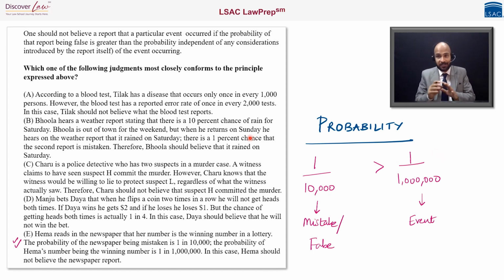If you don't understand this much maths, it's a little hard for you, and I told you how you can get away with that even without getting into this maths, but I'm just telling this to you right now. You know that if a larger number is in the denominator, it means it's a smaller number, right? So here you can see that Hema should not believe in this newspaper report because the probability of the falsehood is greater than the probability independent of the considerations in the report. I hope you understood that. Let's go ahead.